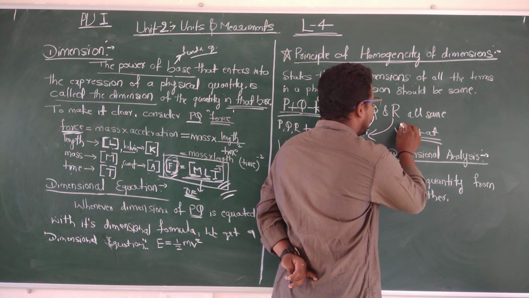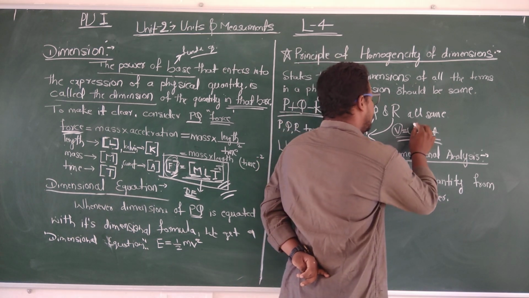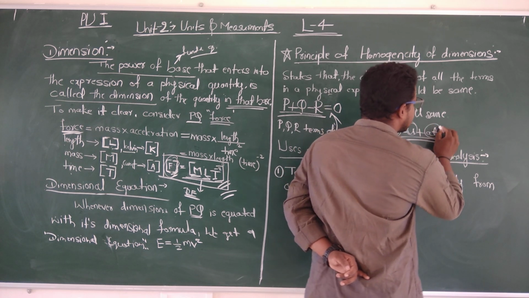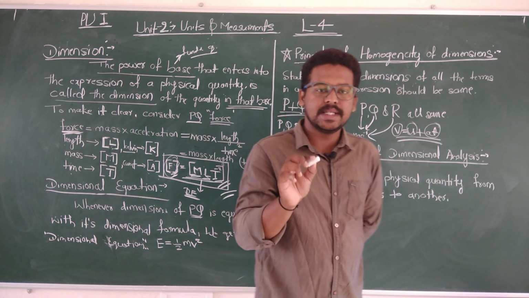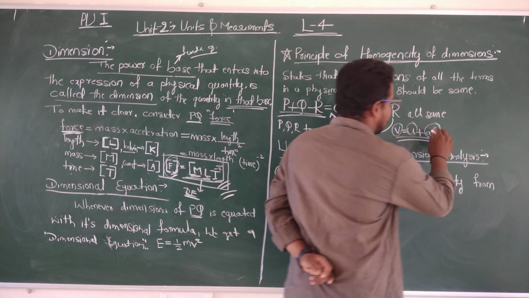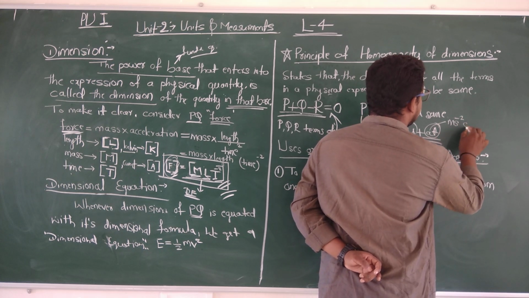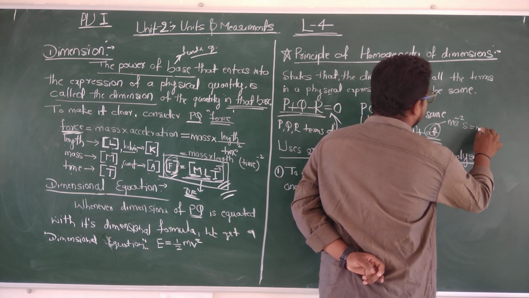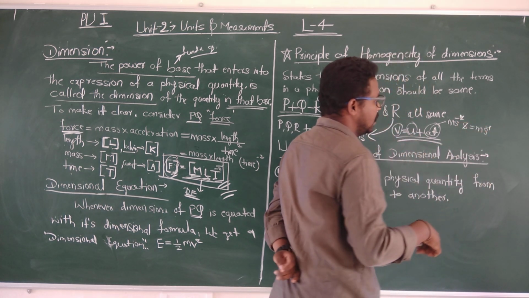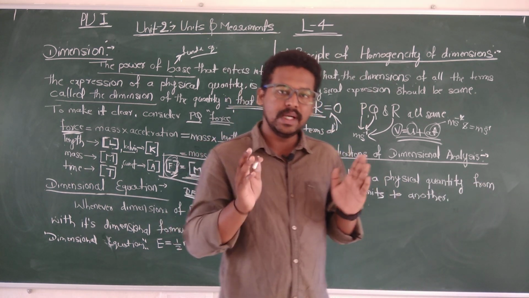The dimension of V is meter per second, and U is also meter per second. Then at is also meter per second, because acceleration A is meter per second square, and T is second. So one second cancels, and one remains. So again it becomes meter per second. Always like quantities only add.